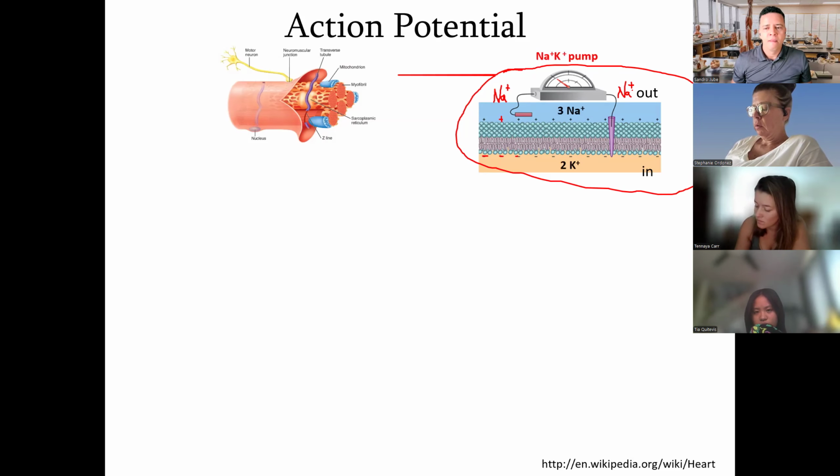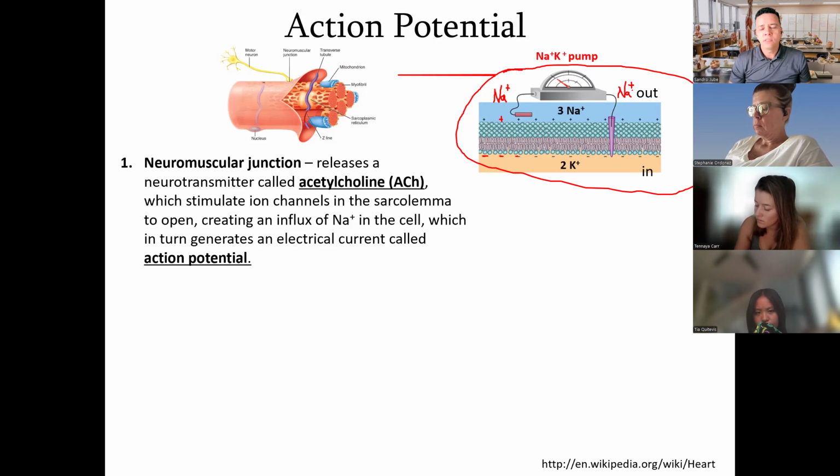Now, once we have an action potential arriving at the NMJ, the neuromuscular junction, that action potential will induce the release of acetylcholine into the synapse. Okay?